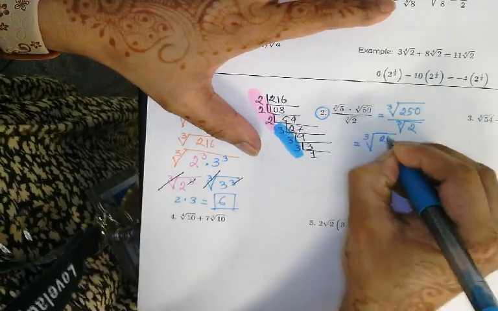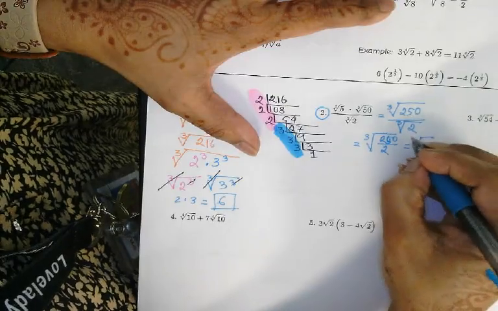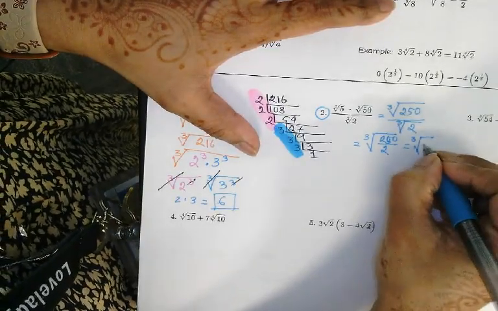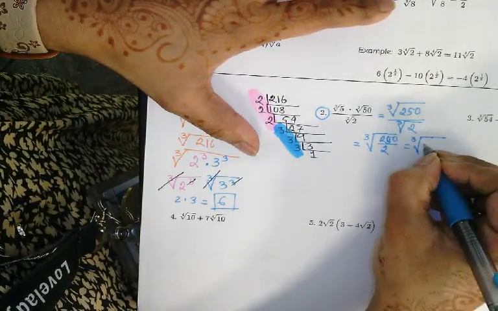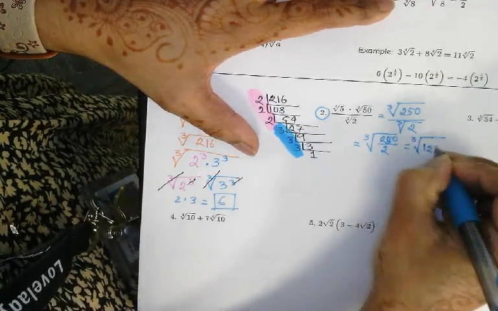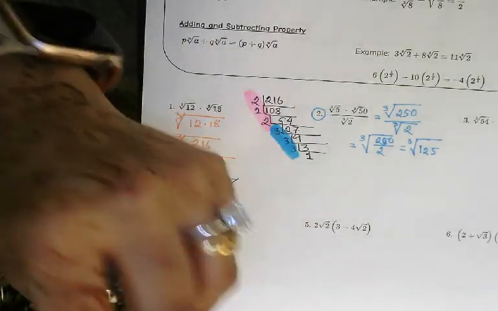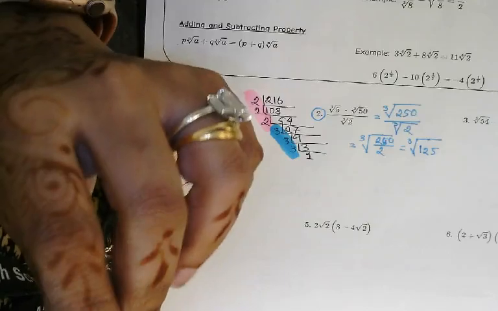So 250 over 2, what do I get here? 125. This is an easy perfect cube number. What gives me 125? 5 cubed is 125.